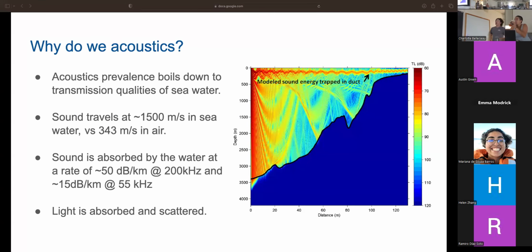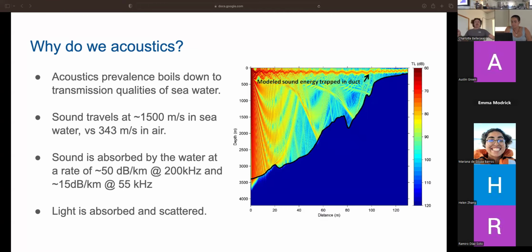Now the question is why? The big one is that in the ocean, sound transmits so much more efficiently than light does. Not saying we don't use optical instruments. That is actually another huge field all on its own. But specifically, we use acoustics because, one, the speed of sound is about 1,500 meters per second, give or take. It depends on the temperature and salinity of the water that you're in.